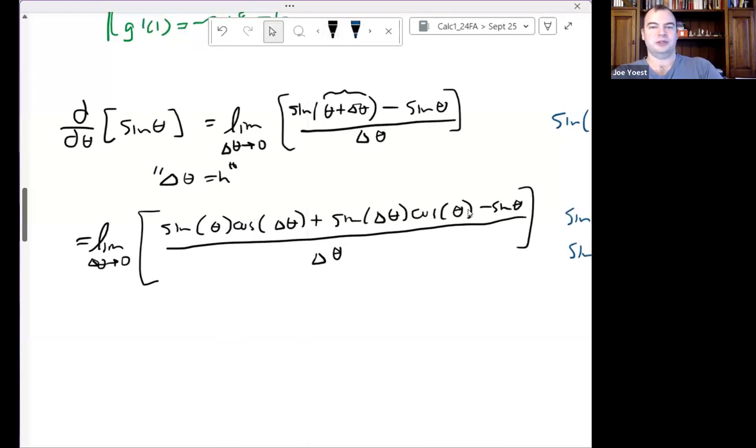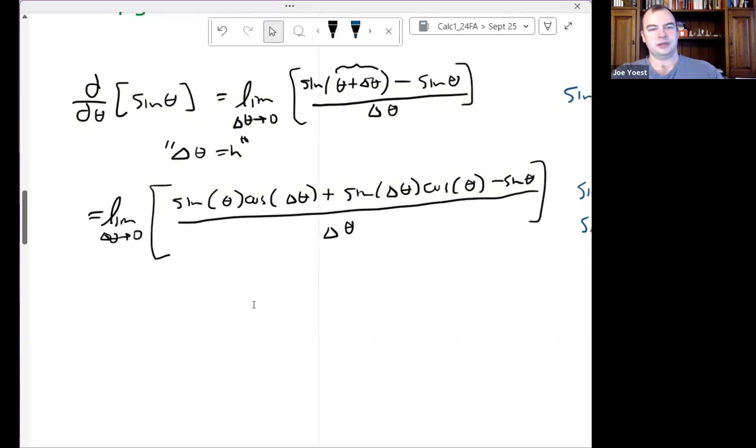Now, each of my terms in the numerator has a factor that only has theta in it, like a sine theta or a cos theta. If I kind of cordon those off, what do I end up with?